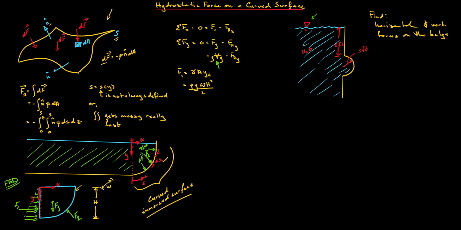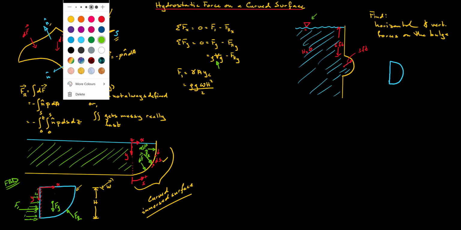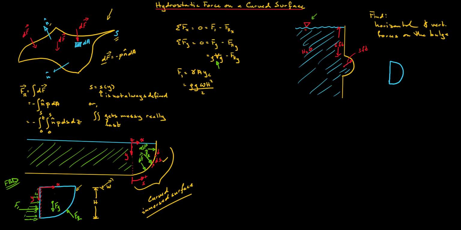Okay, so we're going to consider the fluid that is in contact with the curved surface. So we're going to have a weight, Fg. There's going to be a force, which we'll just call F1.